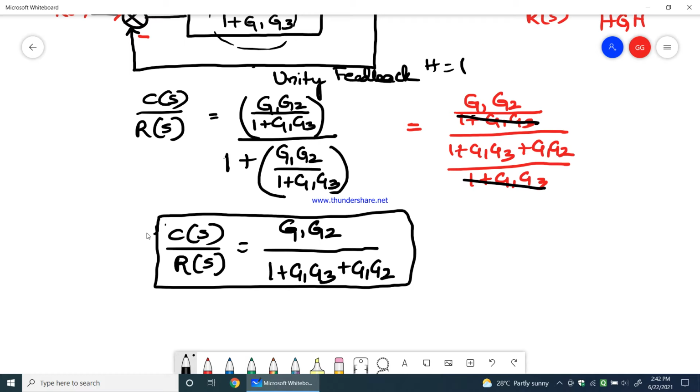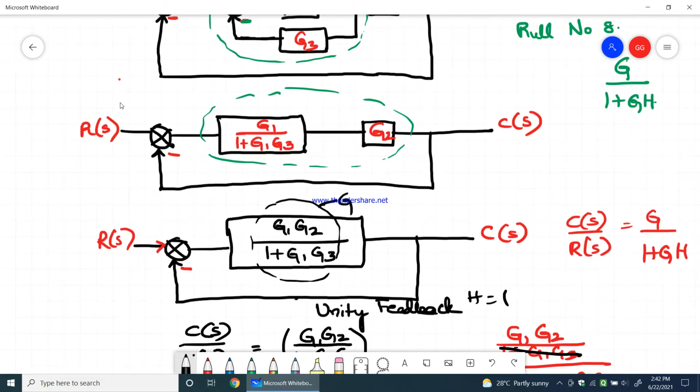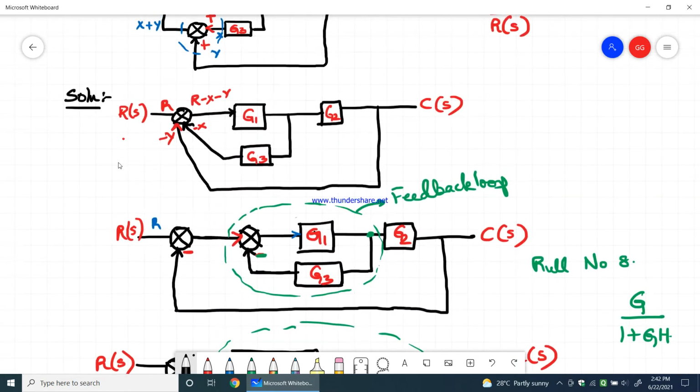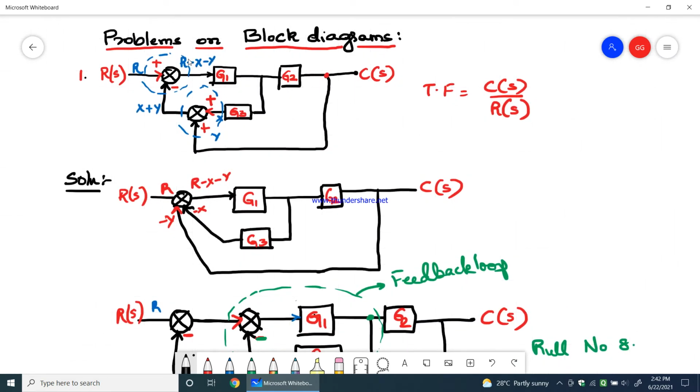Fine, understood step by step what we did. So this can be given normally for 6 marks. This can be a 6-mark question. Okay, so we had two summing points which have been interconnected in the question this way. I have converted those two summing points into one summing point, and then I have split that summing point in a different sense.